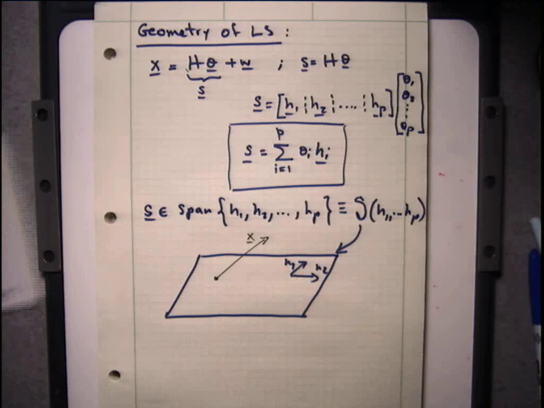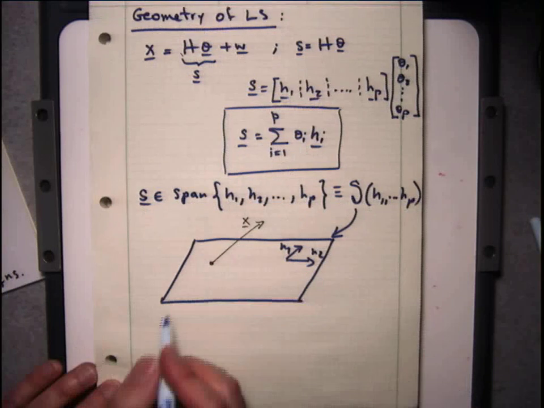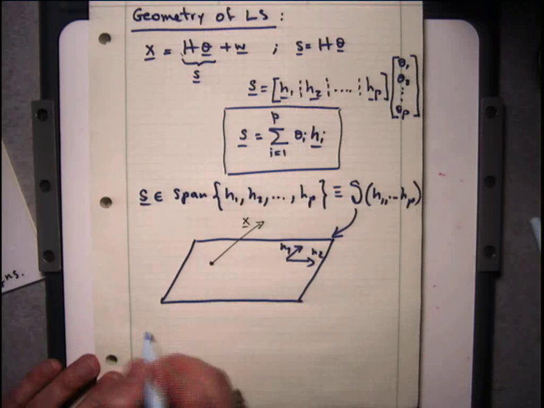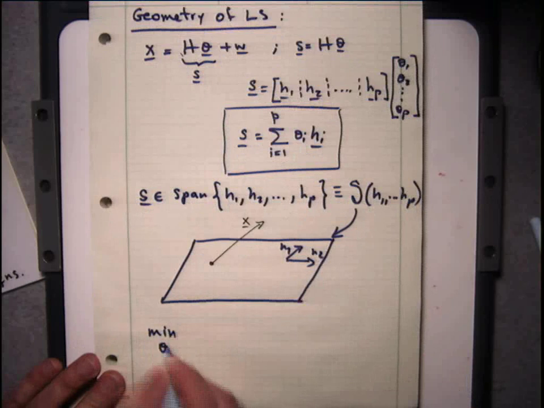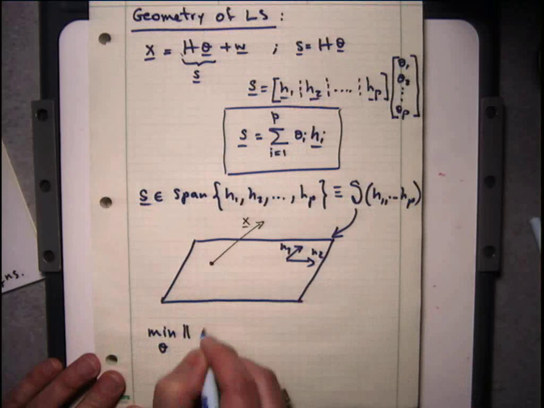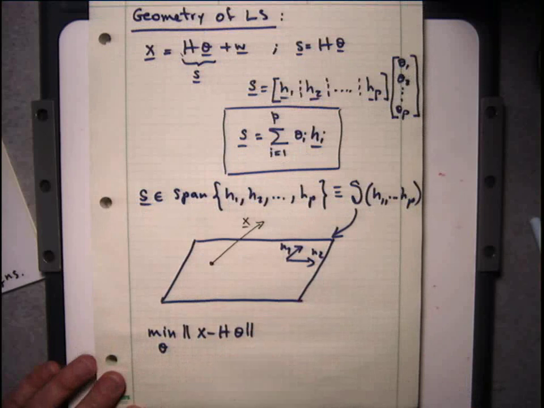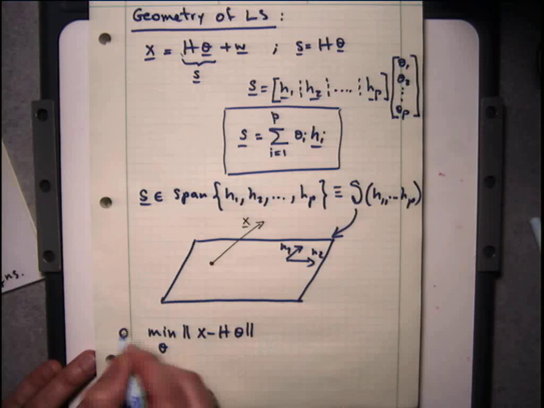Now, if I look at the minimum of the least squares criterion, I want to minimize over theta the norm of x minus H theta, and this is theta hat least squares.